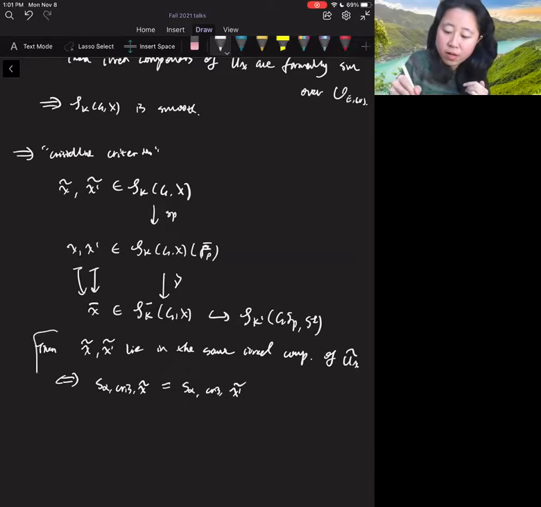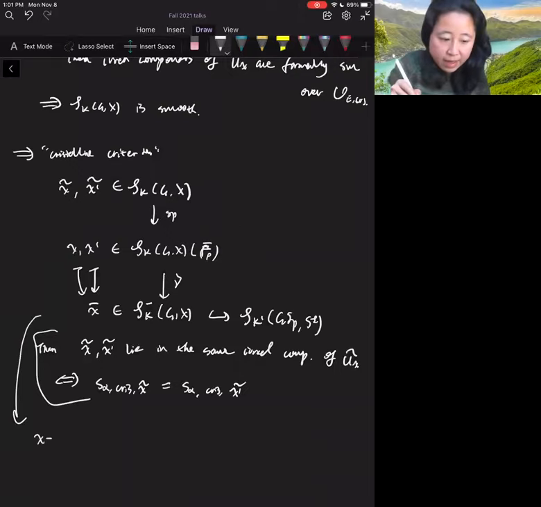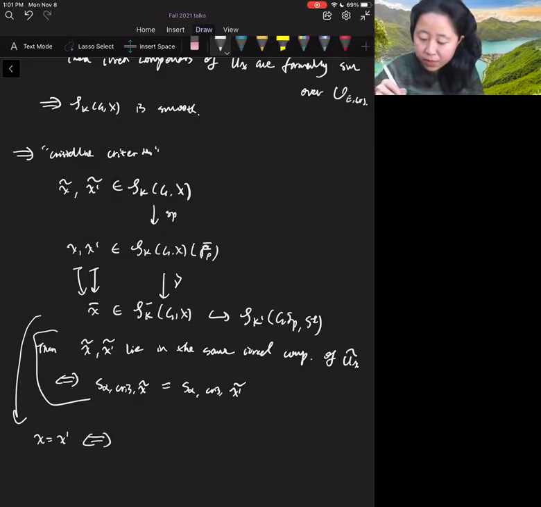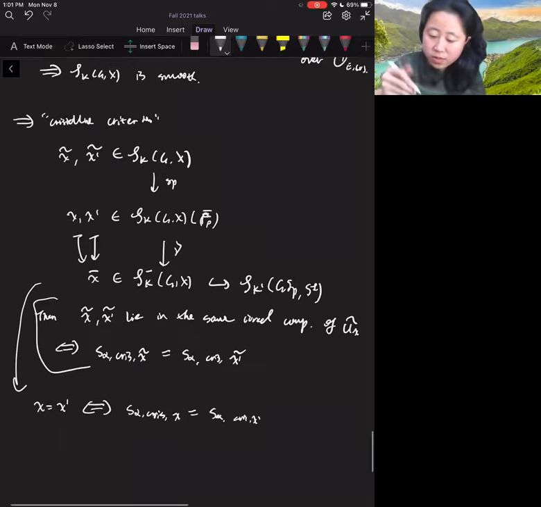And moreover, in this same setting, x and x prime are the same mod p points if and only if these two points have the same crystalline tensors.